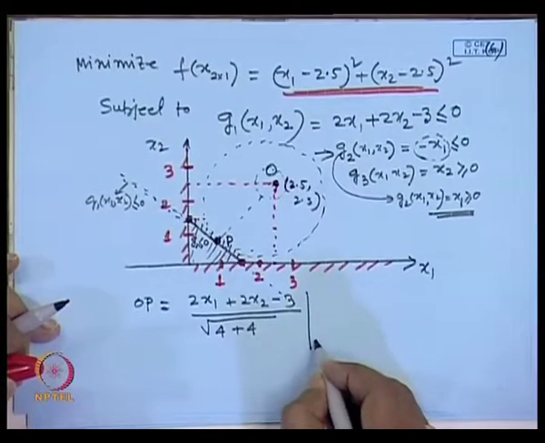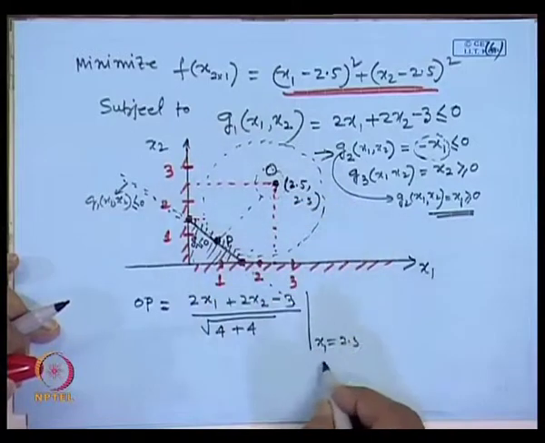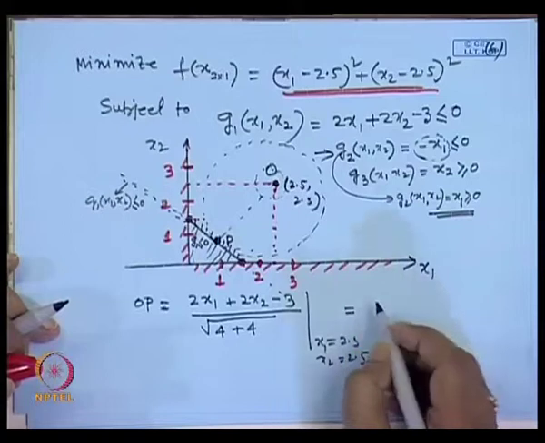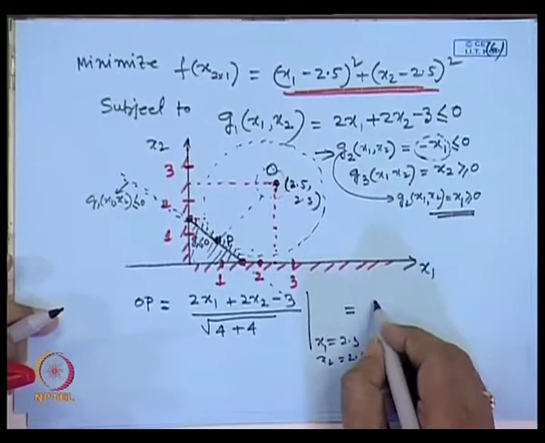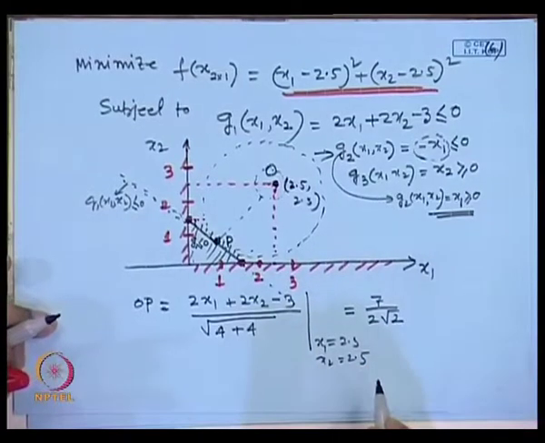Put the values x1 equal to 2.5 and x2 equal to 2.5, from the point we are drawing from. If you work this out, that value will come.